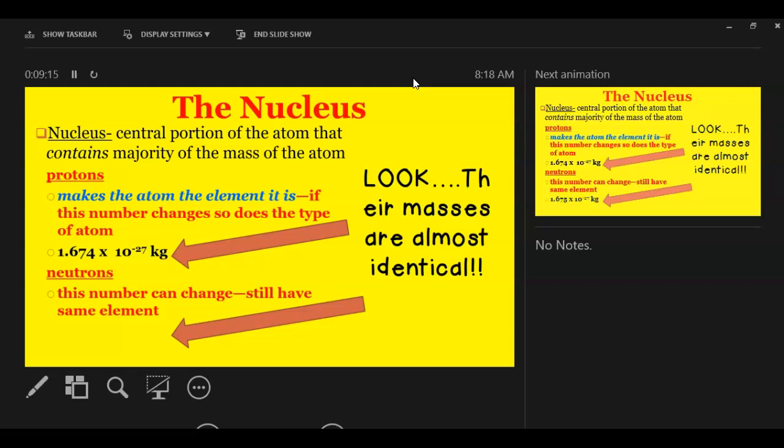The reason why they are electrically neutral is because the number of protons, which are positive, always equals the number of electrons, which are negative. Those two always equal. So if I have 6 protons, I'm going to have 6 electrons. If I have 26 protons, I'm going to have 26 electrons. If I know the number of protons in an atom, I automatically know how many electrons there are. The two are always equal.